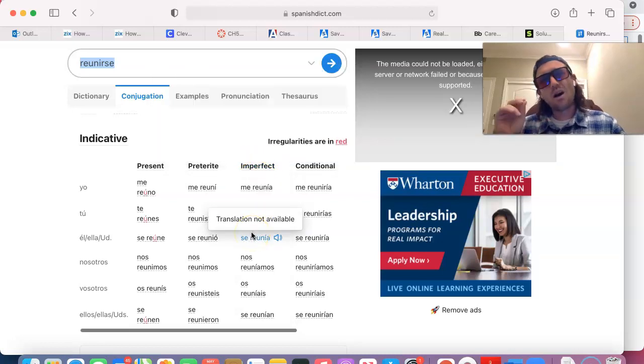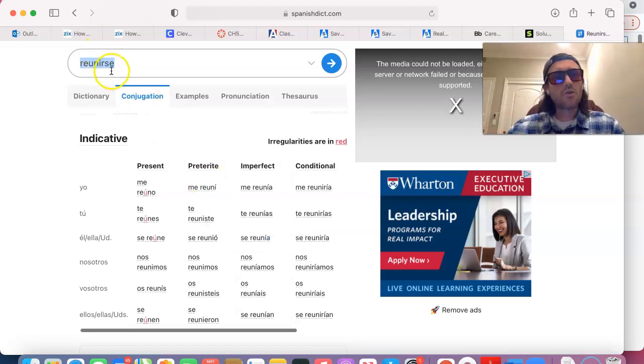What makes reunirse and other what we call reflexive verbs, these are reflexive verbs, reciprocal actions shared or done amongst people, is that they have reflexive pronouns at the beginning. They conjugate like any regular AR, ER, or IR verb. You can see the endings there.